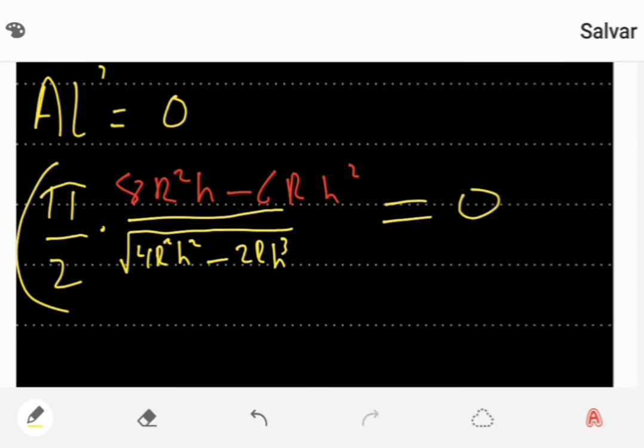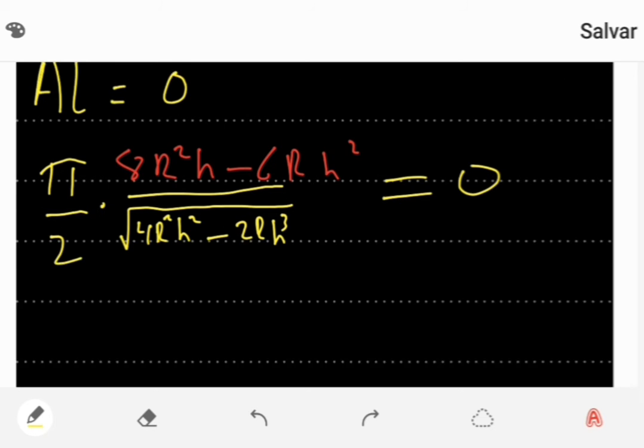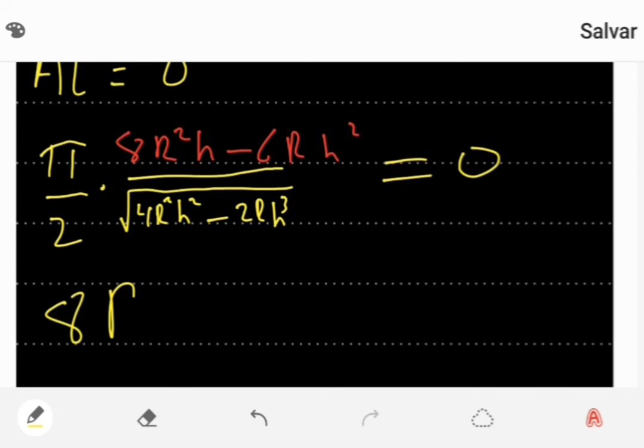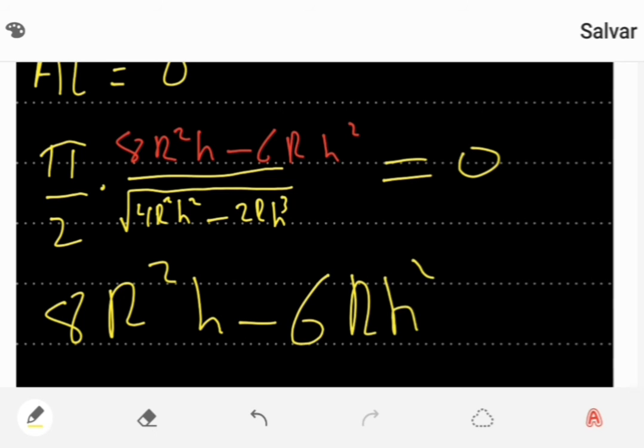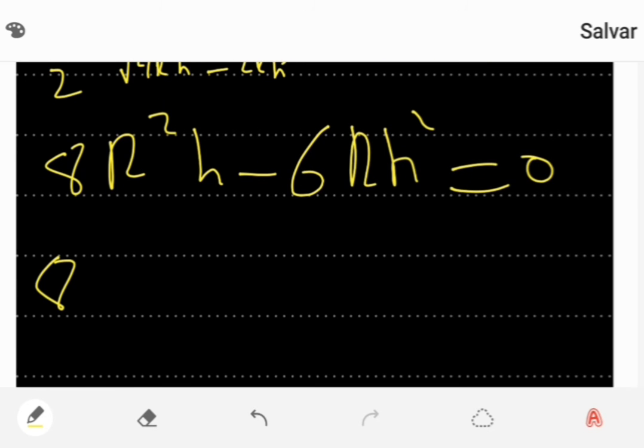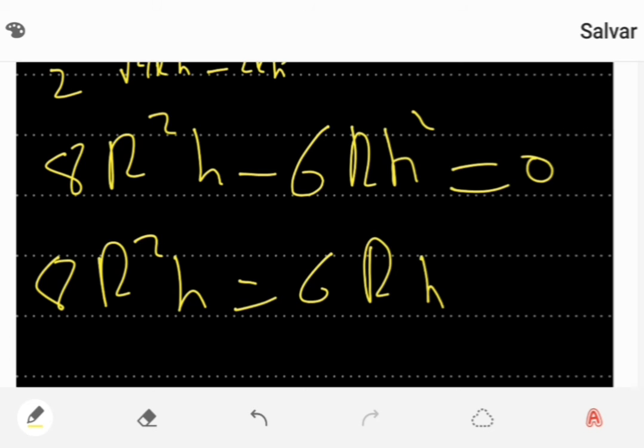Everything multiplying goes to the other side multiplying the 0, so it will be 0. So we have 8R squared H minus 6R H squared, and this part over here is equal to 0. So 8R squared H is equal to 6R H squared.